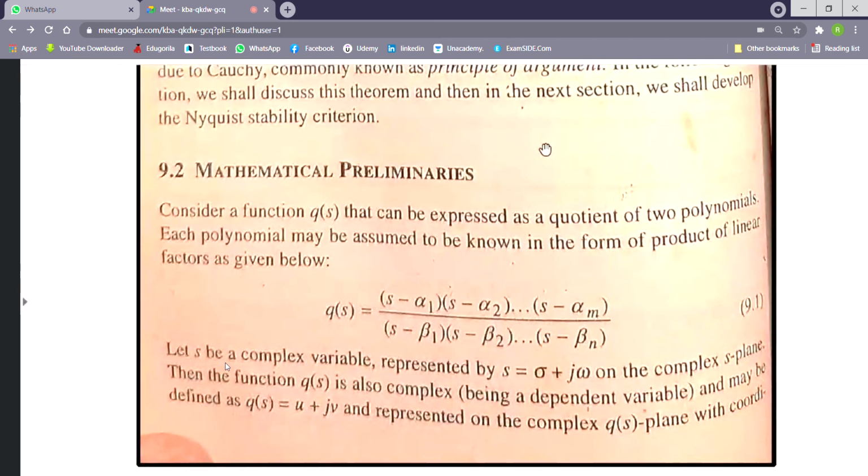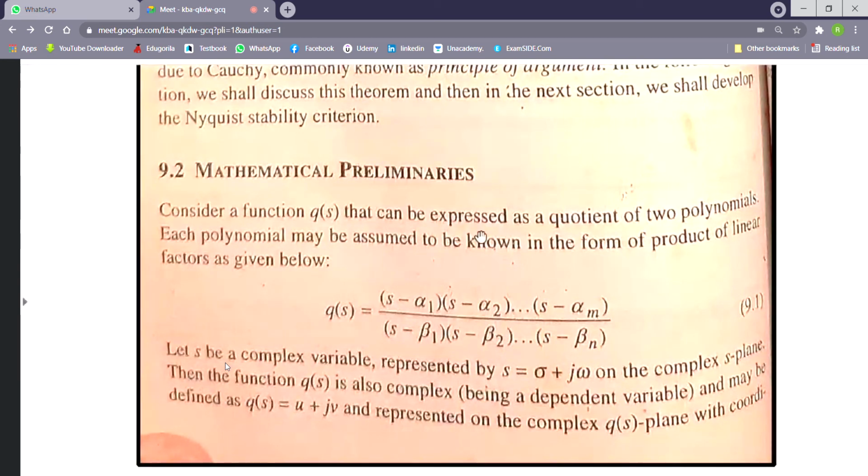If we take a value of S for which Q(S) does exist, that means the point will lie on the S plane here. Clear, ma'am? Yes, ma'am.